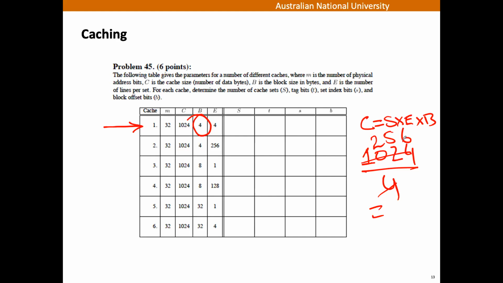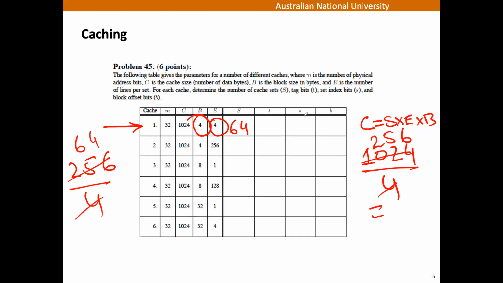256 lines, and how many lines are there in each set? 4. That's E. So divided by 4, I get the number of sets. So 64 sets. High school math, not even high school math, 5th grade.